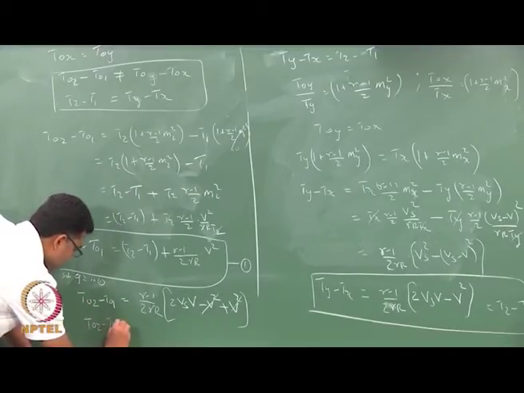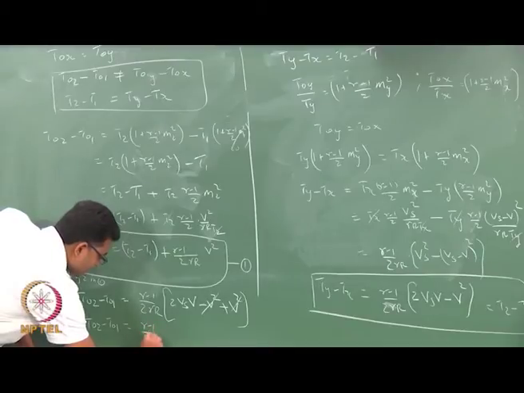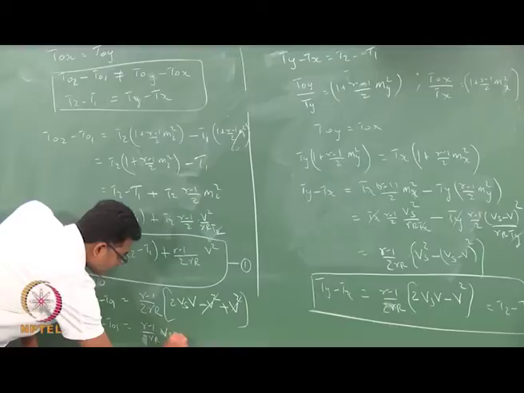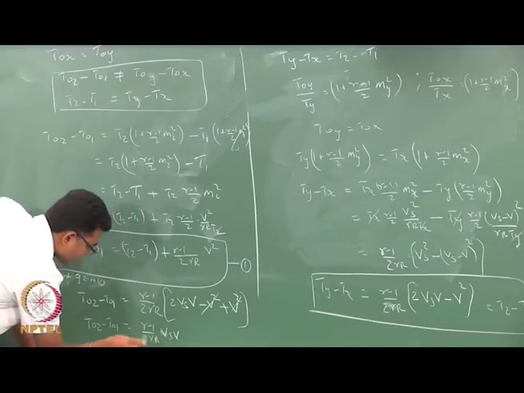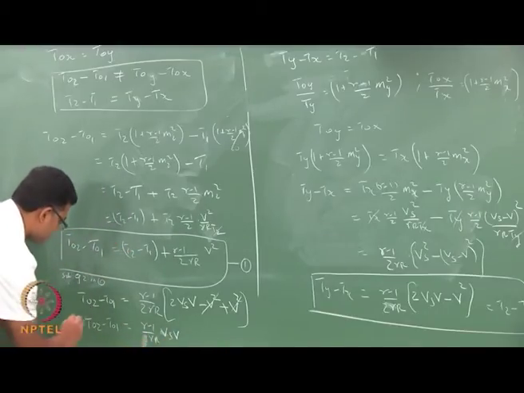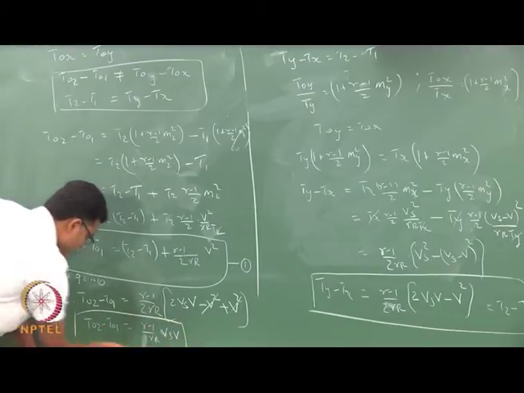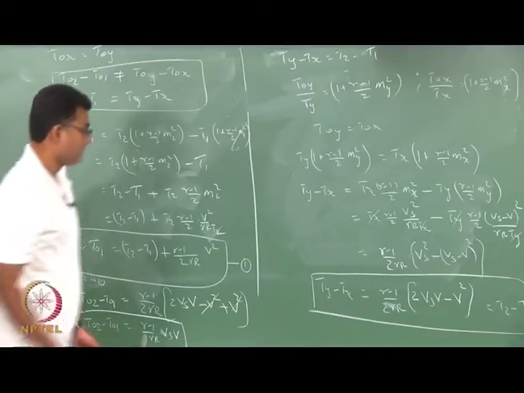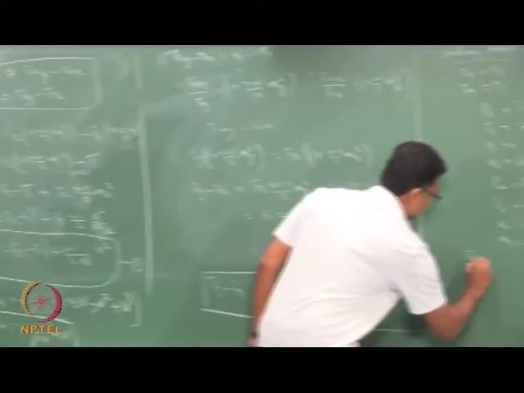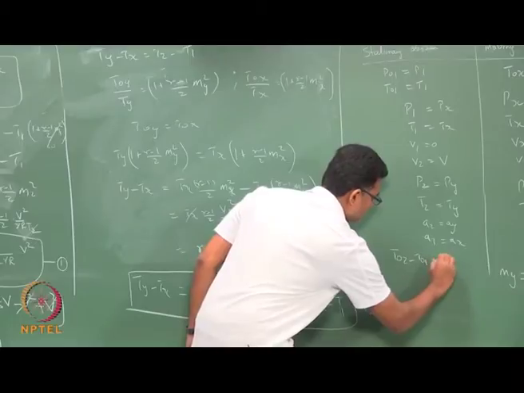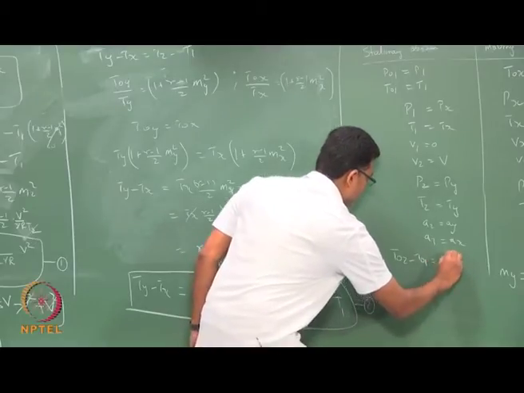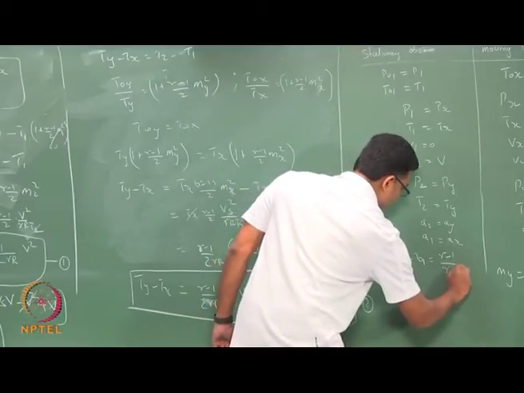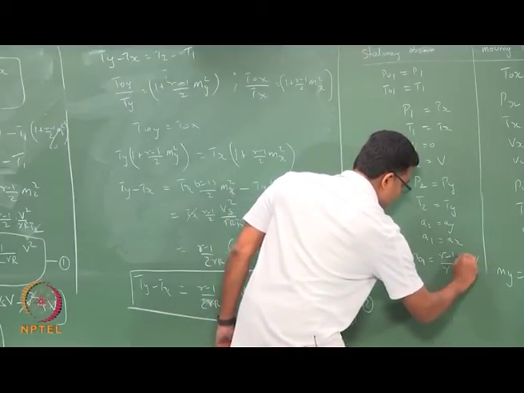T02 minus T01 is gamma minus 1 by 2 gamma R, 2 and V square cancel, so Vs V. So T02 minus T01 is gamma minus 1 divided by R gamma Vs V.